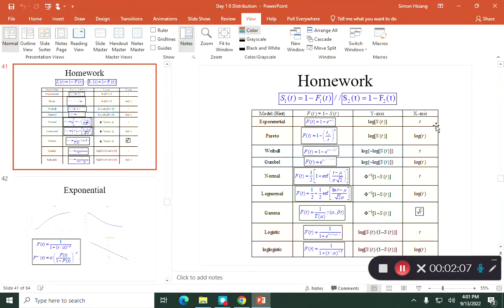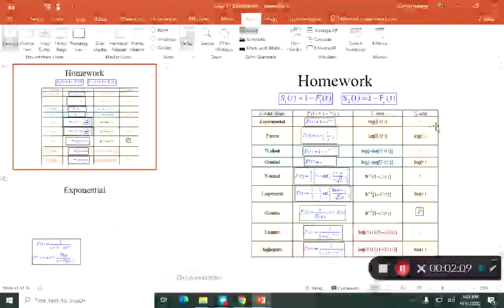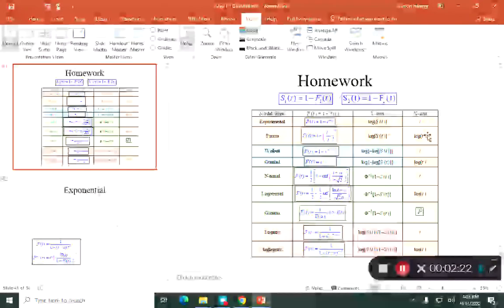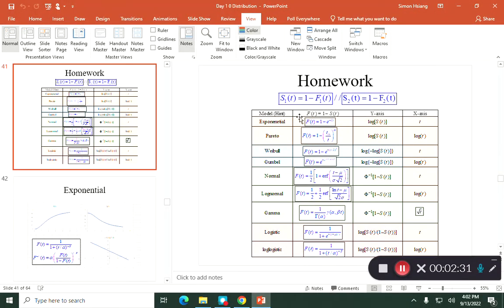Your x-axis is either t or log t, where t is time or x, and in reality is your F inverse function. You guys follow me?